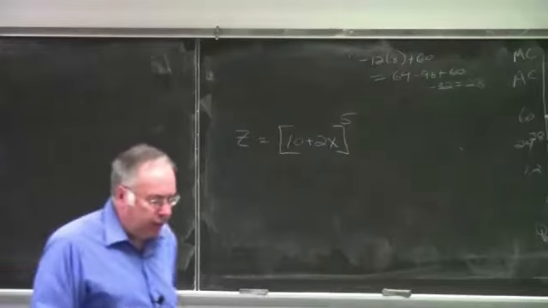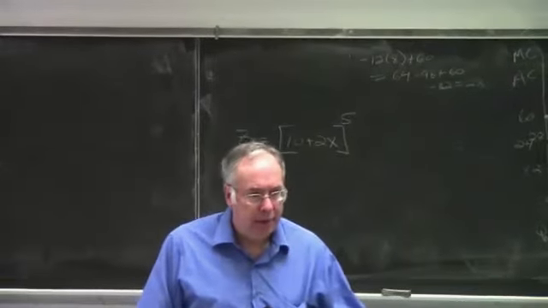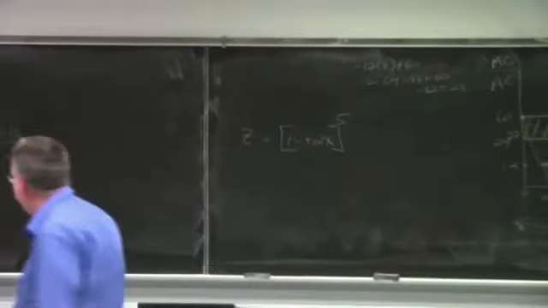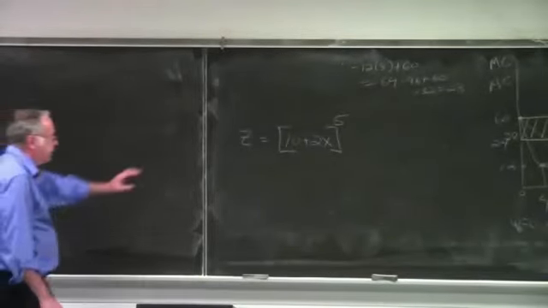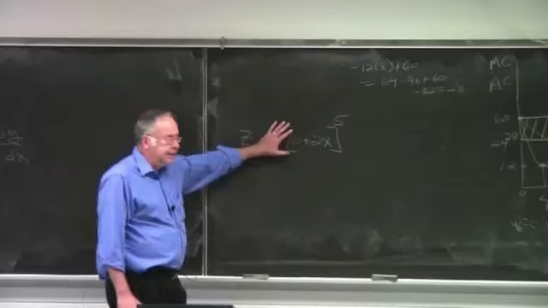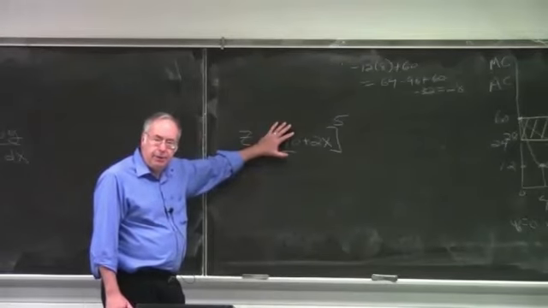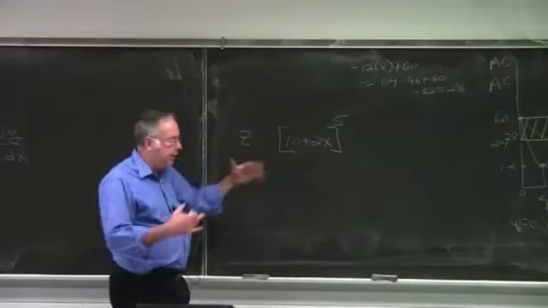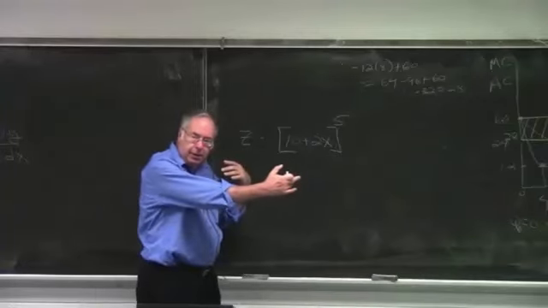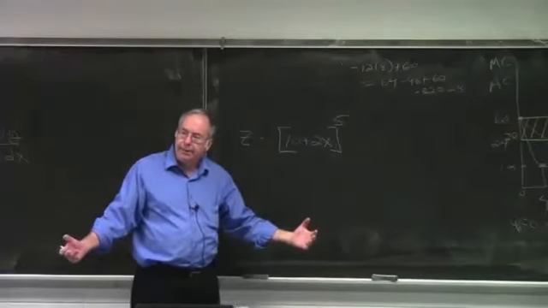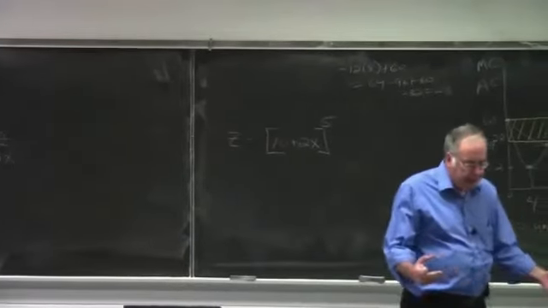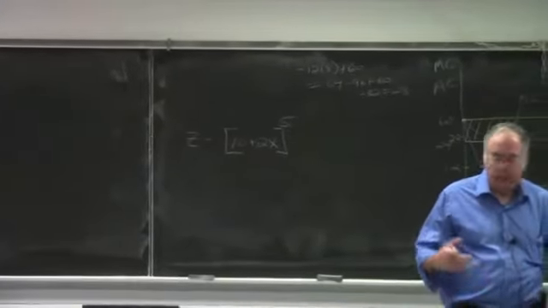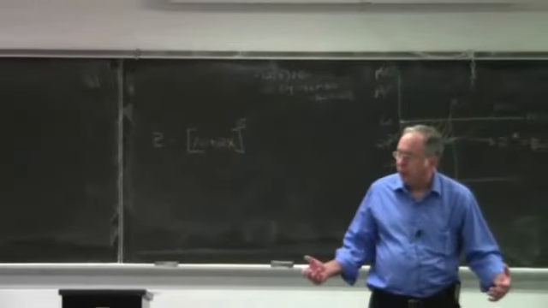Well, with what you know right now, the way to do it would be to multiply 10 plus 2x times itself 5 times. Then you'd get some ugly looking expression and then differentiate that with respect to x. However, there is a slicker way to do it. And the slicker way to do it is to use the chain rule.